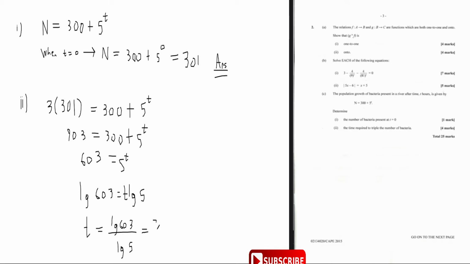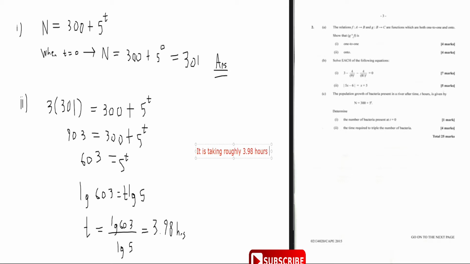3.977. Always round off to 3 significant figures, so that's 3.98 hours. So you can give them a statement. It is taking roughly 3.98 hours.